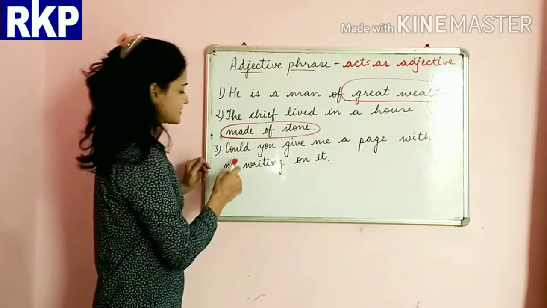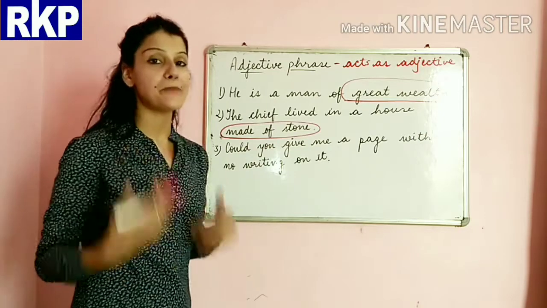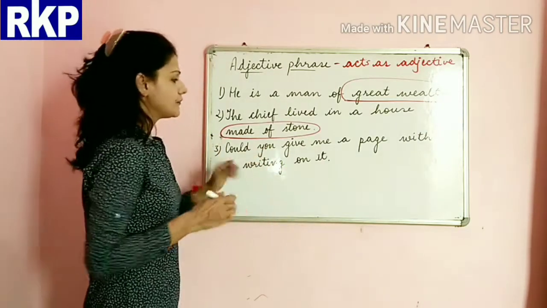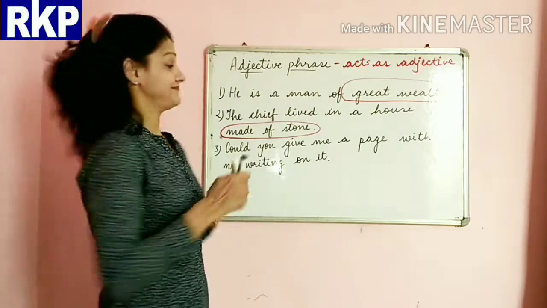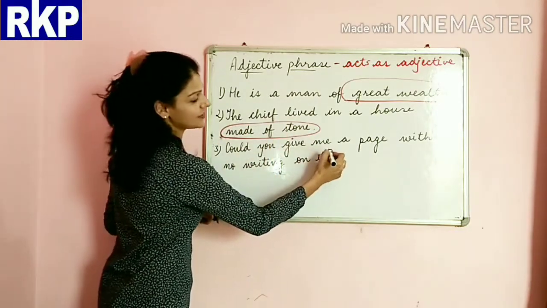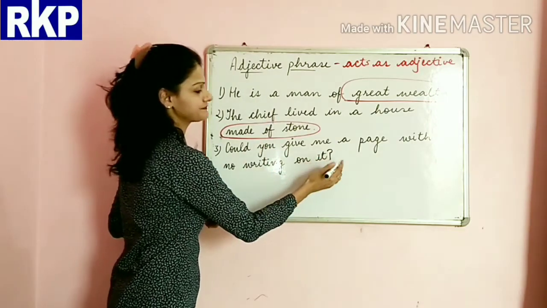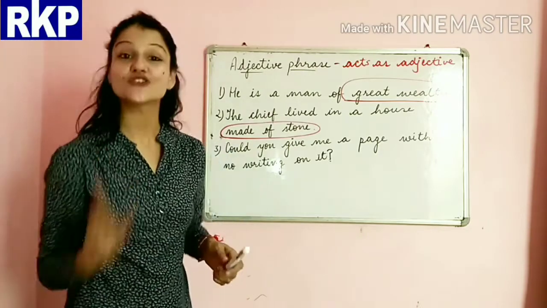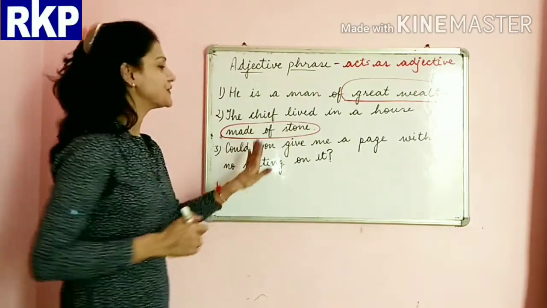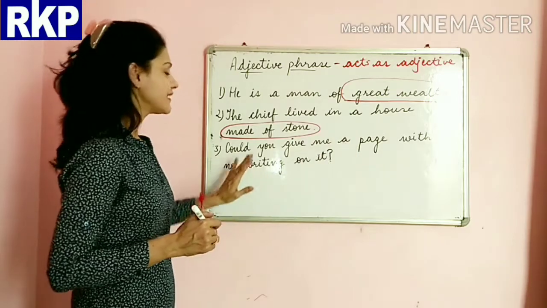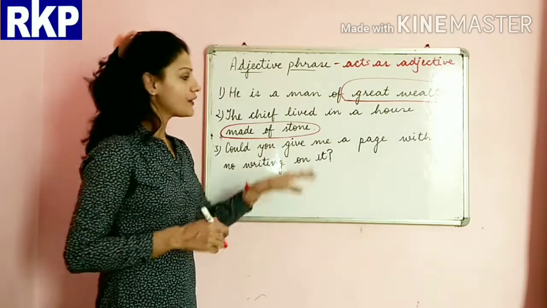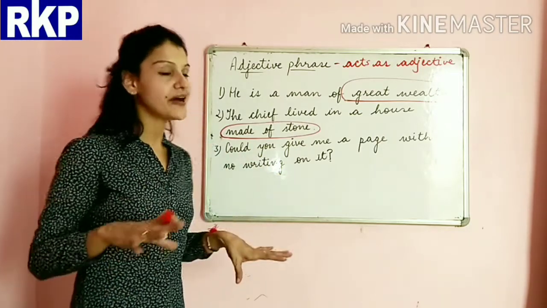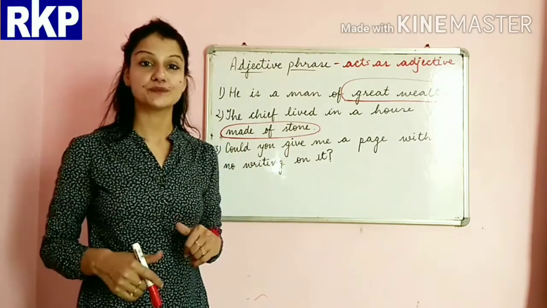Next is, could you give me a page with no writing on it? I'm very sorry, I forgot to put a question mark here, which is a very careless mistake. You should never do this. So, could you give me a page with no writing on it? We have a phrase in this sentence which is modifying a page.